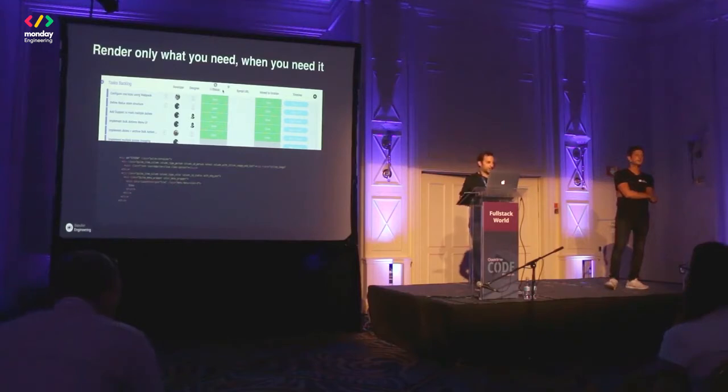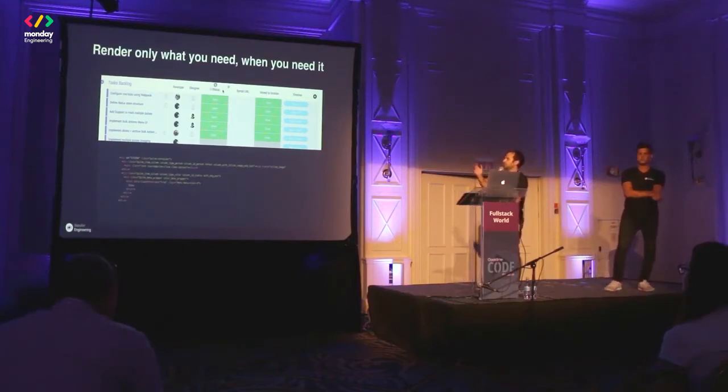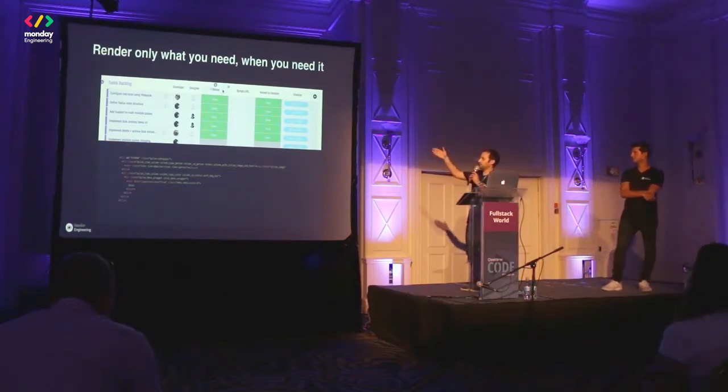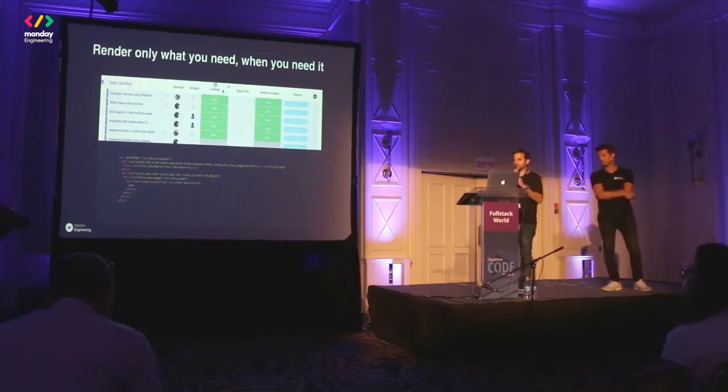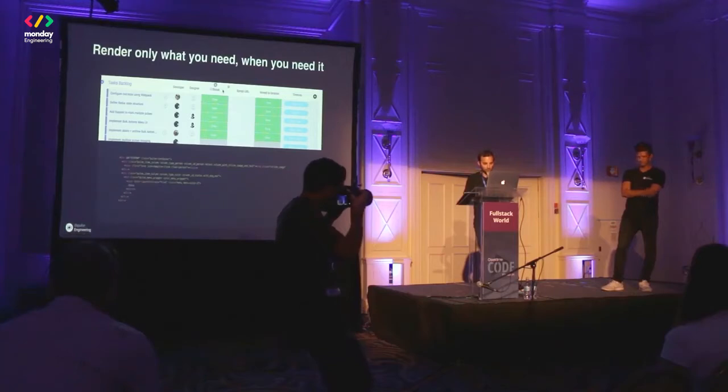In this example that you're about to see, if we take a closer look at the status column, each row in the table has a status column. Currently, most of them are done. And I want you to pay attention to what happens when I'm hovering above a certain cell. Pay attention to the DOM below.